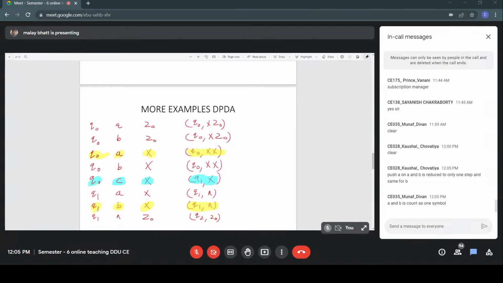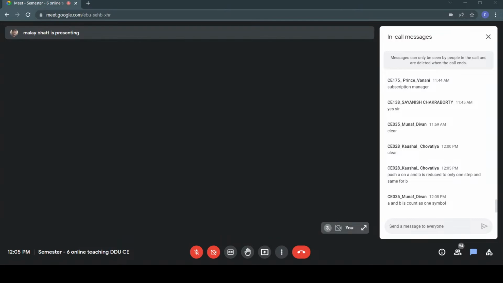The two rules are converted into one. So AA, AB, BA, BB, those four rules will be converted into two. Q0 A A and Q0 A B are converted into one rule, Q0 A X. So A and B are counted as one symbol, and we are reducing the number of rules.